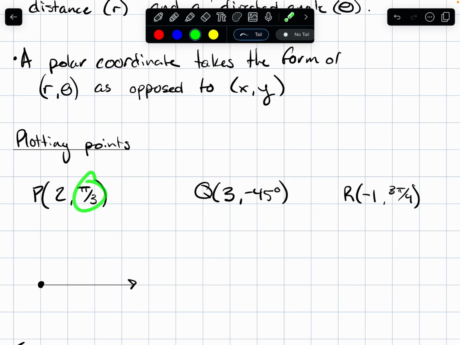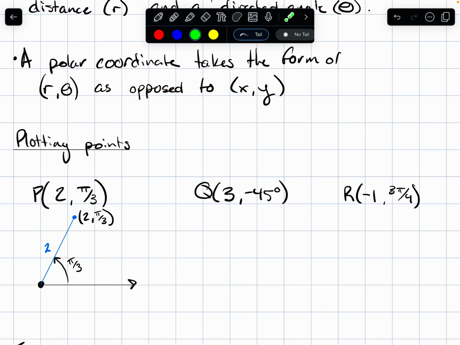So we know pi over 3 is about there, and this 2 just represents a distance. I'm going to measure up about pi over 3, and I'm going to measure out some distance that I'll call 2. What this gives me is the point out here, 2 comma pi over 3, meaning I measured up pi over 3, and then I went out 2 from the origin.